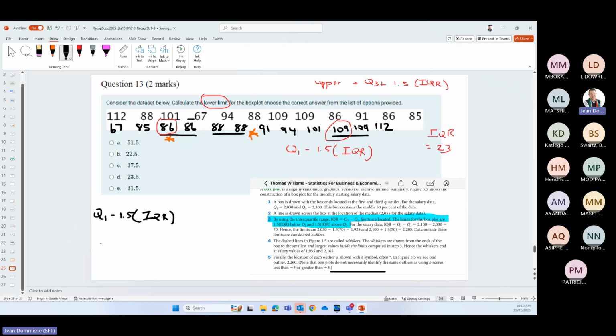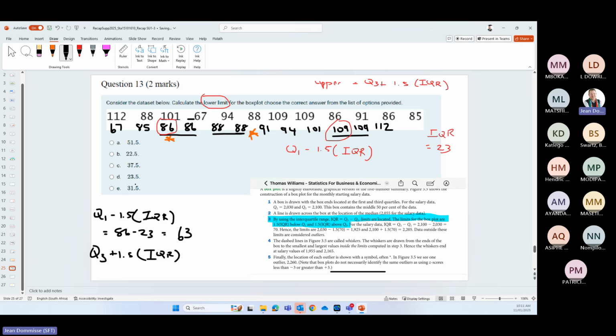Sometimes it is actually also asked in some of the previous papers, but one should just have a view of it. And so Q1 we knew was 86. So 86 minus 23 is 63.